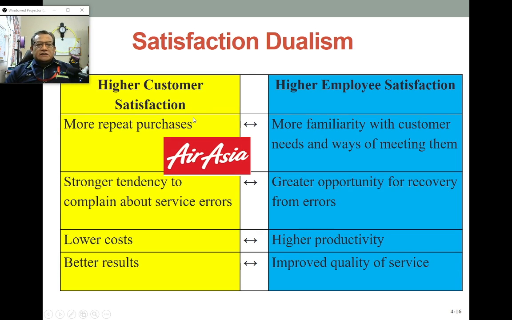Okay, let's take a look at satisfaction dualism from the perspective of a company. Again, I would like to refer to our common example, which everybody could easily understand, AirAsia. If the service providers and employees of AirAsia are well trained and happy in the working environment, receive good benefit packages and good incentives, then they will be more familiar with the work they need to deliver.